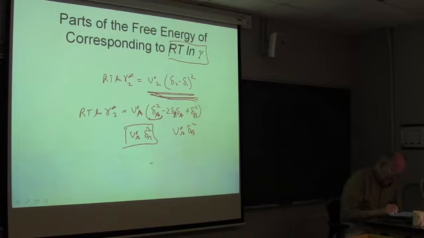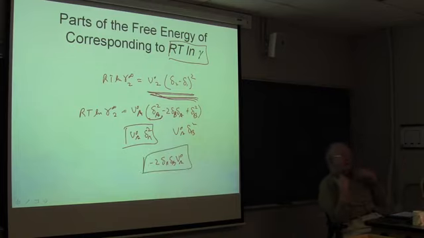And then the middle term is the energy that we get back by forming the A-B interactions. Now, the square of a number is always positive, right?